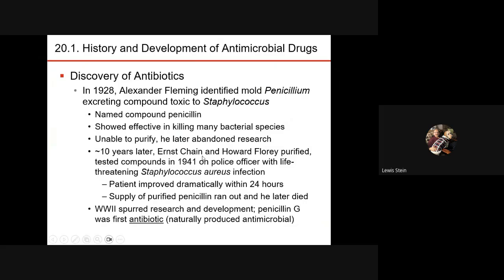So notice these two gentlemen purified it in 1941 to treat a police officer. He improved, but they didn't have enough.